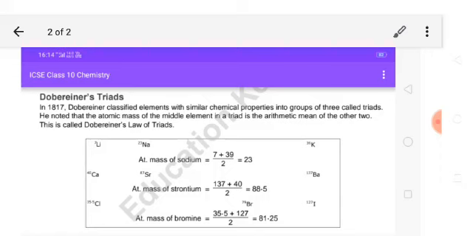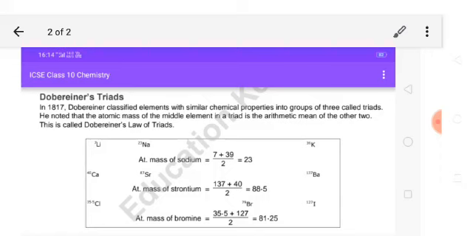Then he noted that the atomic mass of the middle element in a triad is the arithmetic mean of the other two.